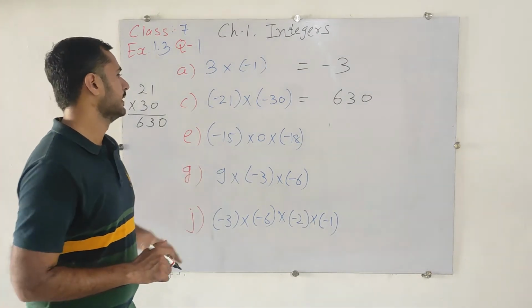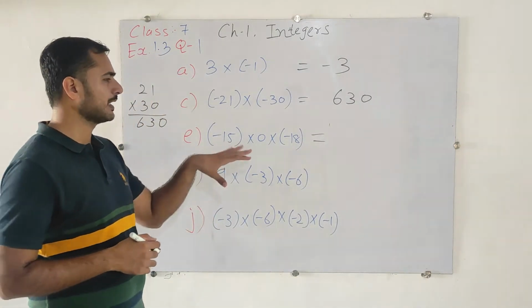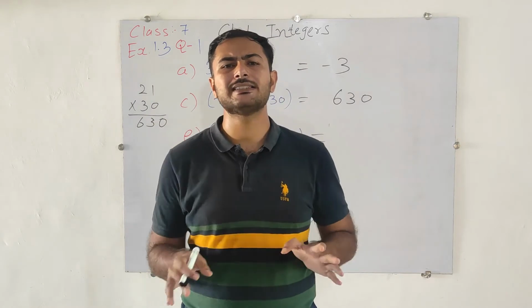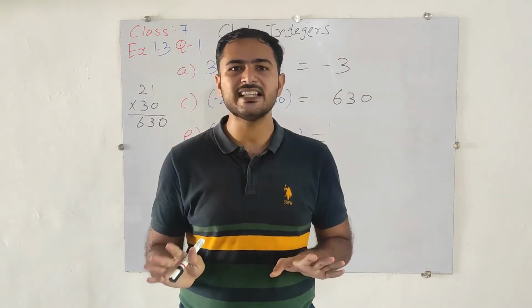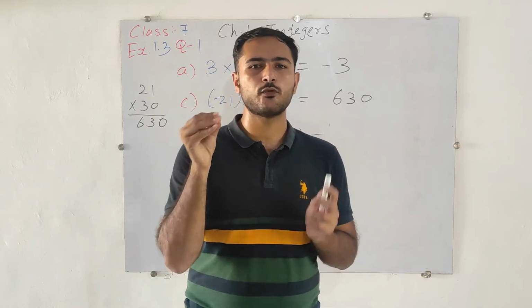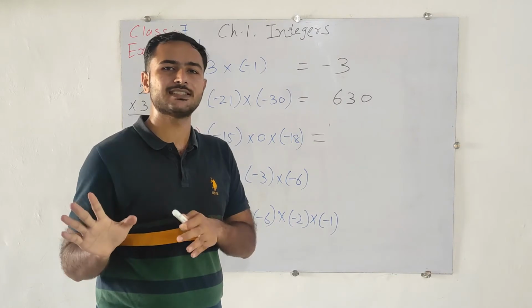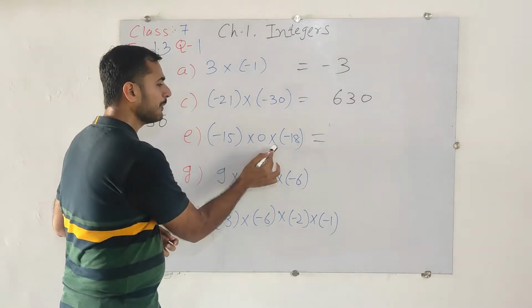Then the next one. Just see the numbers. Minus 15 multiplied by 0 multiplied by minus 8. Always remember that 0 multiplied by anything is 0. 0 multiplied by 0 is again 0. So no need to think about the 0. Wherever you get 0 multiplied by something, that's 0, but it should be in multiplication only. See here, multiplication and multiplication.